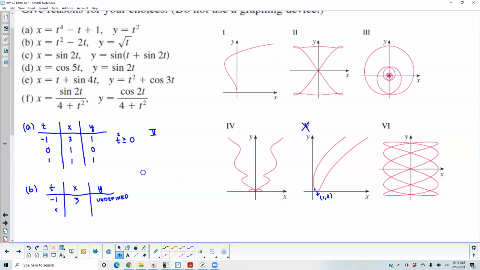But if we put in 0, we get 0, and then the square root of 0, so we know it's going to be located at the origin there. Let's put in positive 1. If we put in positive 1, 1 squared minus 2 times 1 is negative 1. And then that becomes the square root of 1, which is 1.